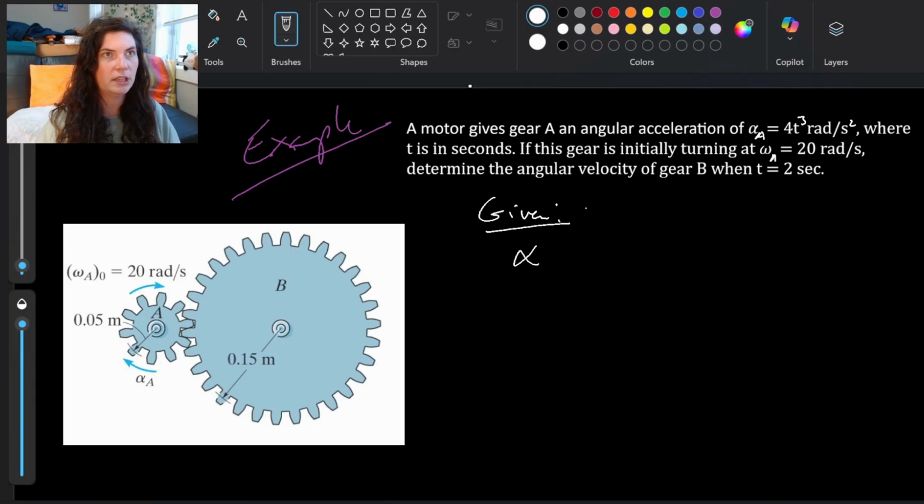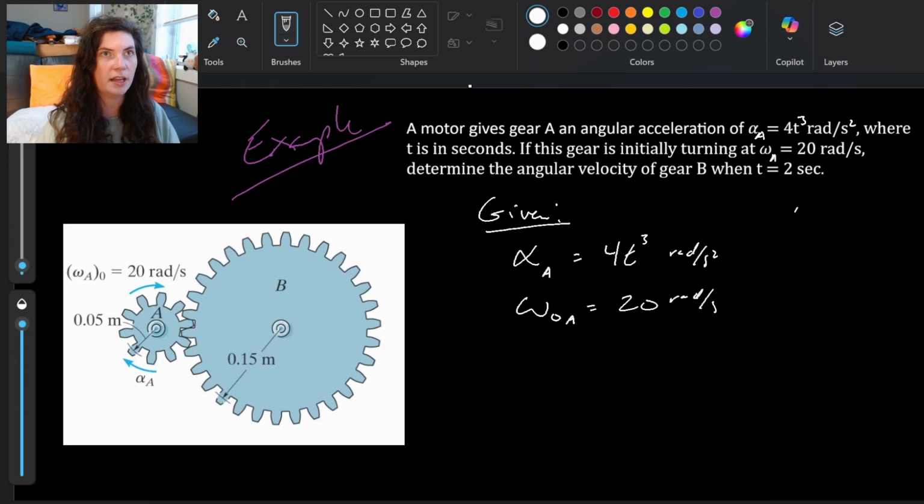And we are given that our angular acceleration of gear A is 4t cubed radians per second squared. We are given that the initial angular velocity of gear A is 20 radians per second.